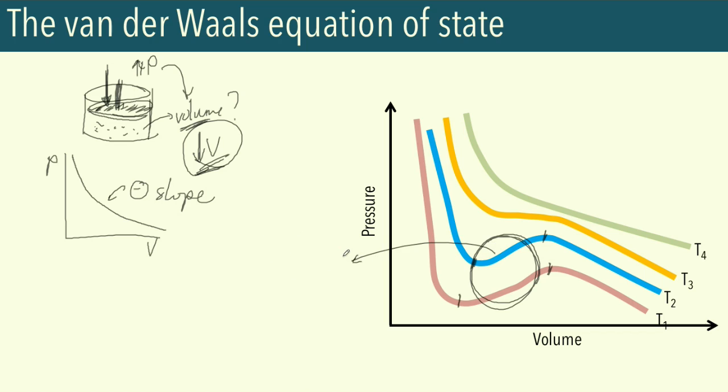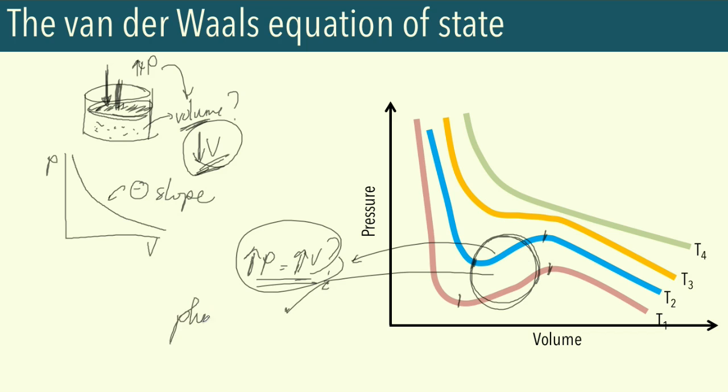So this part of the curve suggests that if you increase the pressure, you happen to increase the volume. What? That doesn't make any sense, right? Is that physically realizable? No, that's not physically realizable. That's why we call this particular region the physically unrealizable region.